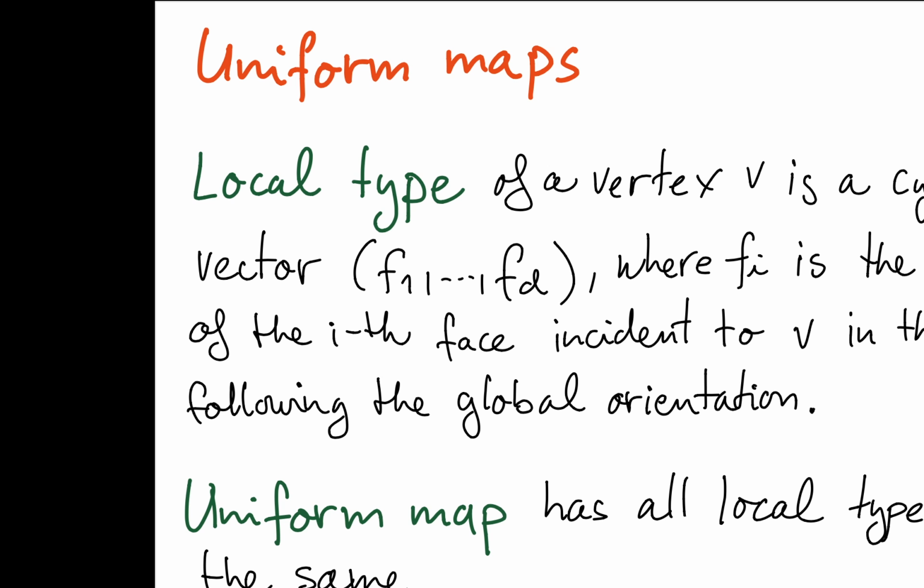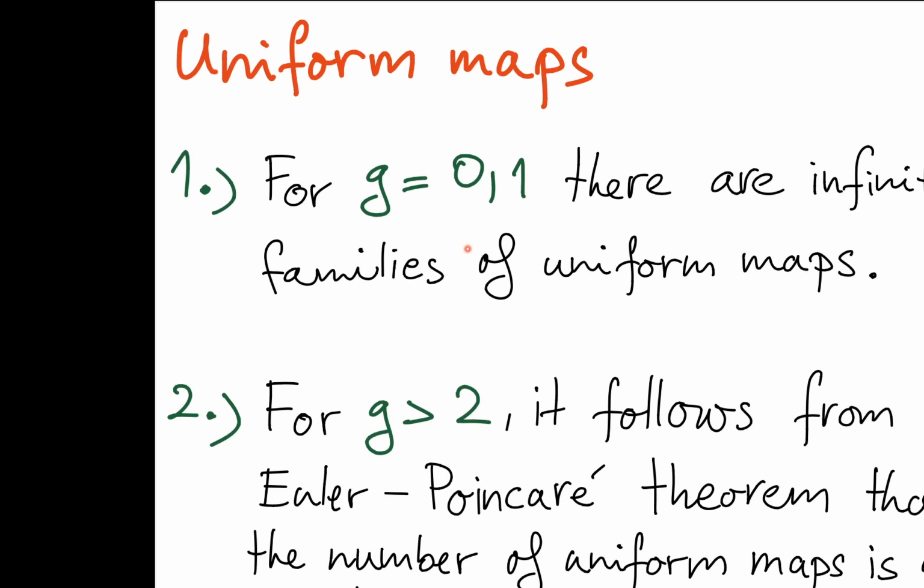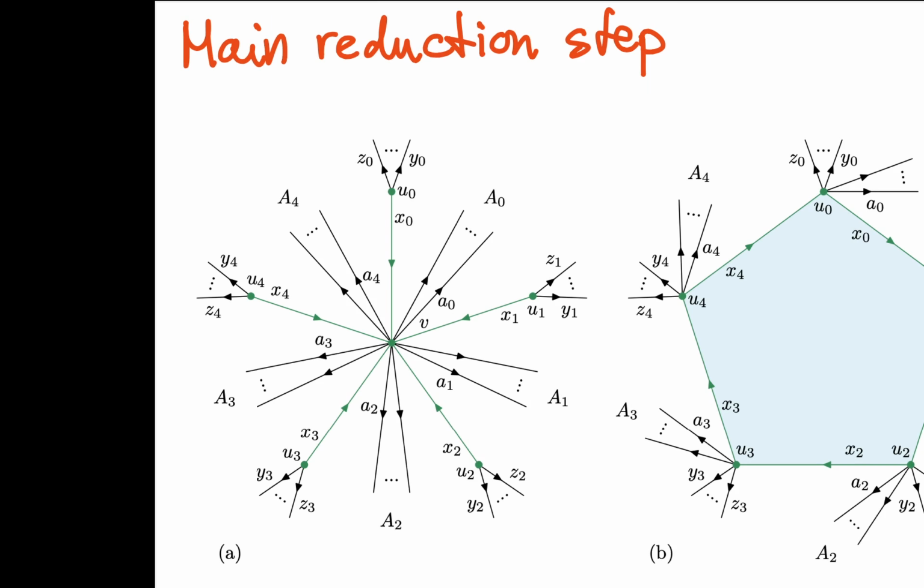So this is a great simplification, and at the end, if no reduction like this can be applied, we arrive to a uniform map which has all the local types the same. So uniform maps, as I described, for genus 0 and 1, there are infinite families of uniform maps. So for this, we actually need some additional algorithms. And for genus 2, it follows from the Euler-Poincaré theorem that the number of such uniform maps is at most a function of g, so we can brute force.